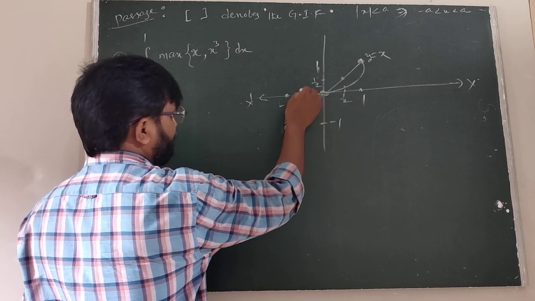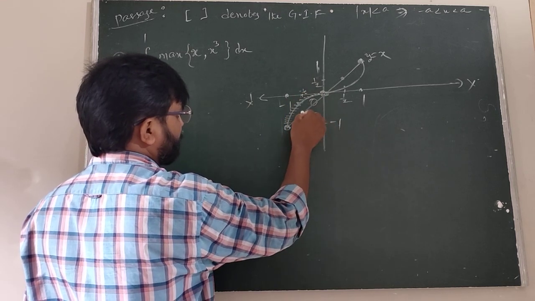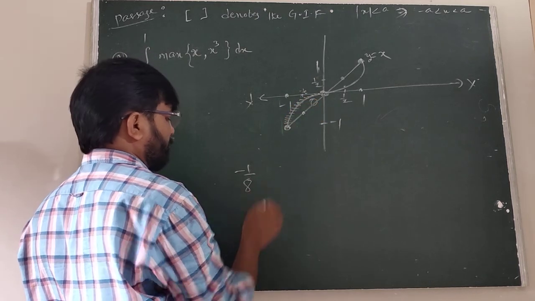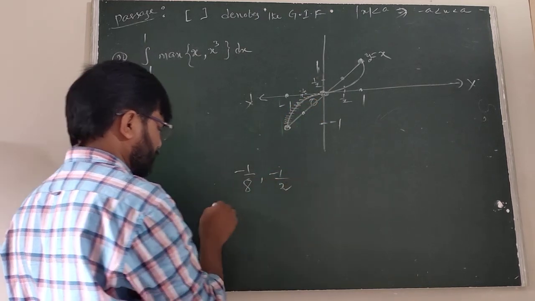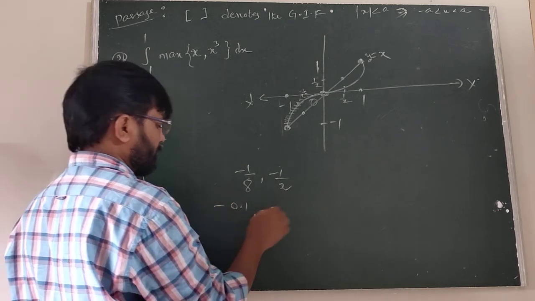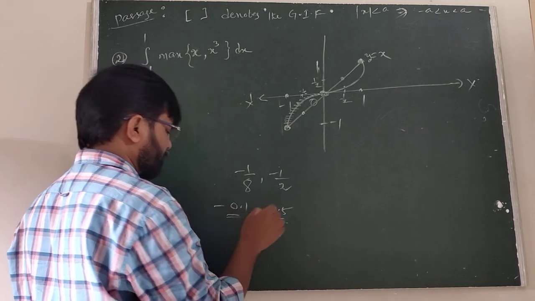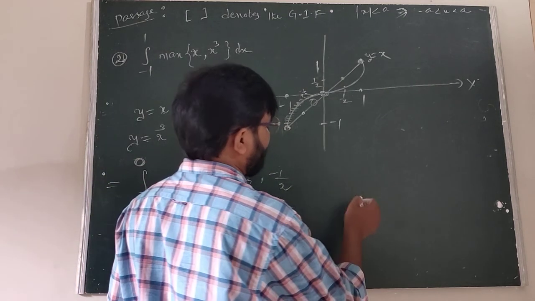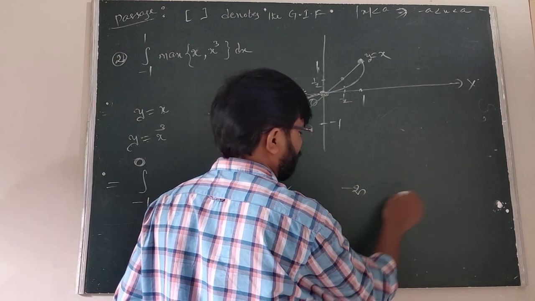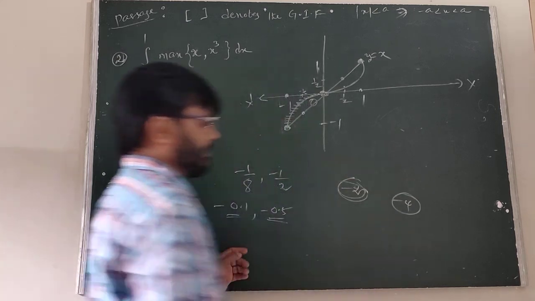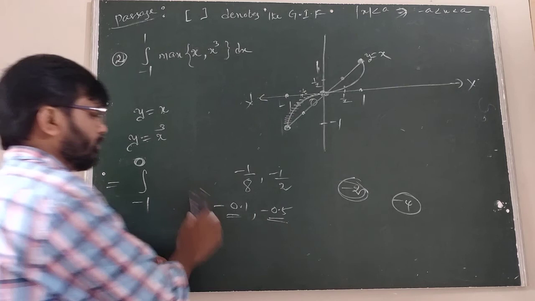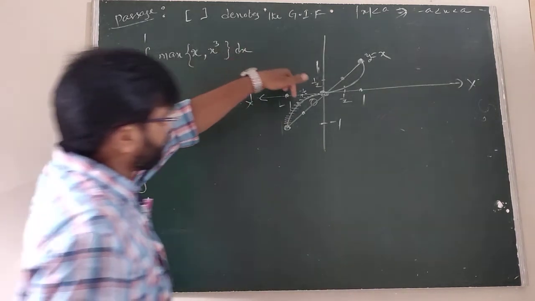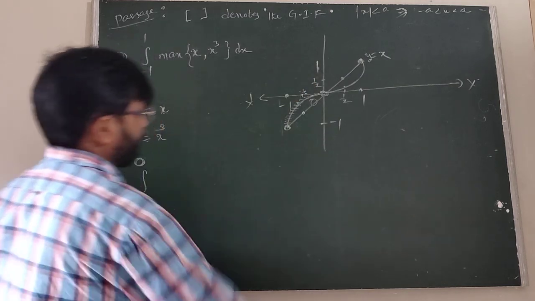When we compare minus 1 by 8 and minus 1 by 2, this is minus 0.1 and this is minus 0.5. Which is bigger? Minus 0.1. We have to know that in the negative numbers, minus 2 and minus 4, which is the bigger one? Minus 2 is the bigger one. Therefore, this is the maximum.